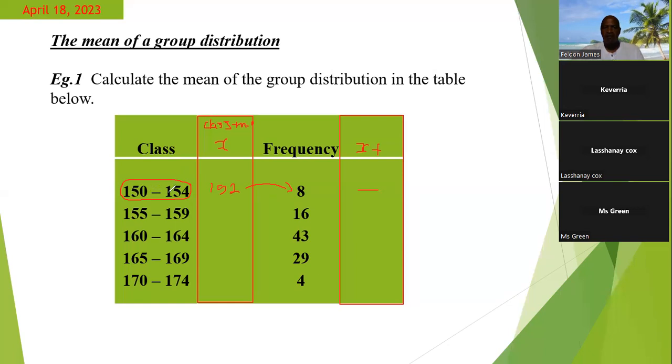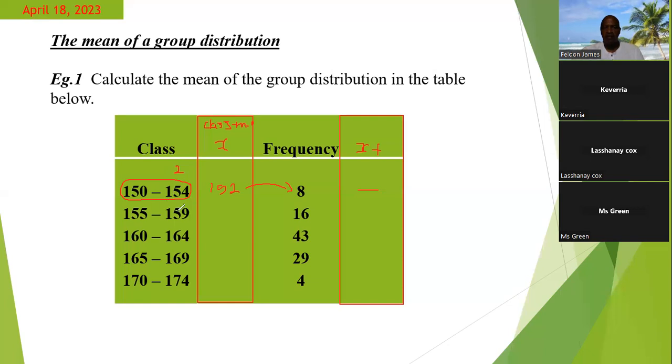So 154 minus 150 gives a difference of 4. Now you split that difference in 2, so you divide 4 by 2, and you get 2.